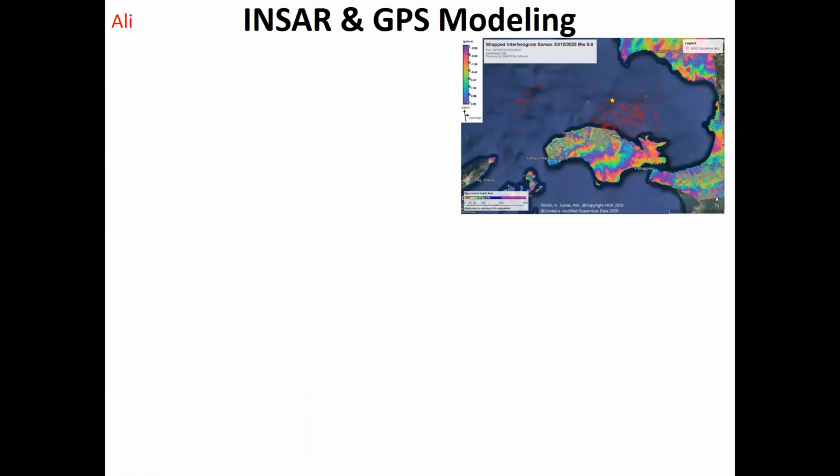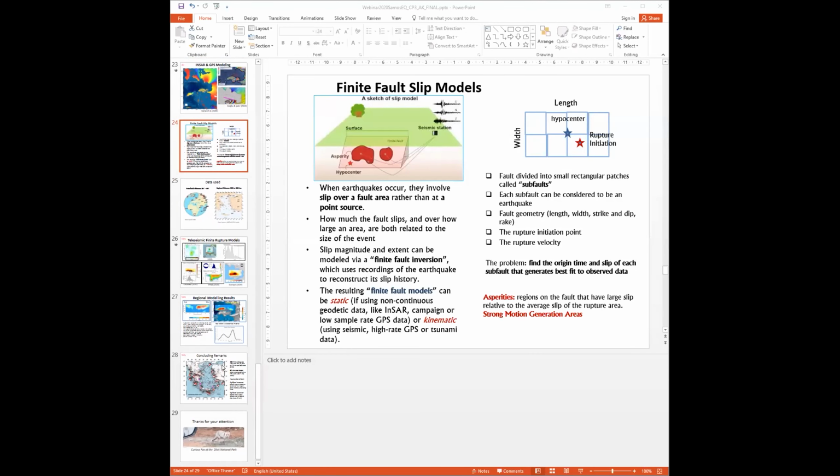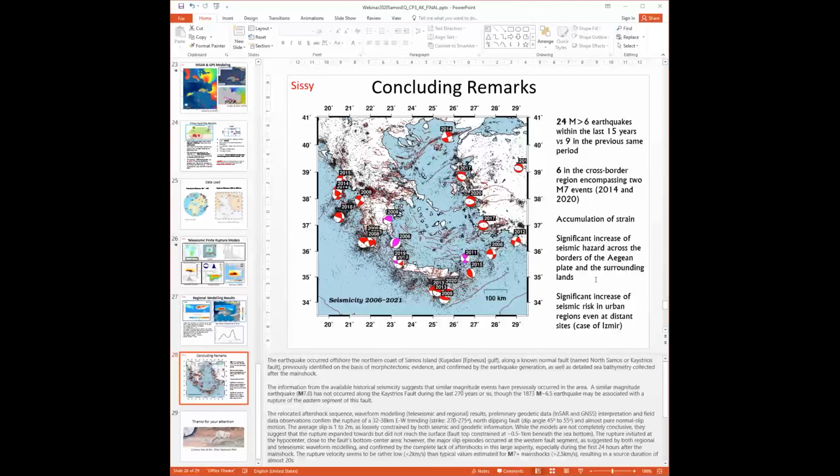Okay, go on. I will go to my last slide because we don't have time to show the finite fault models, and I will jump directly to it. Do you see my screen? Yes.